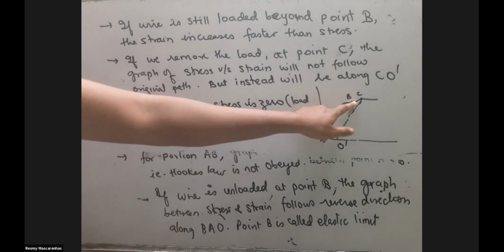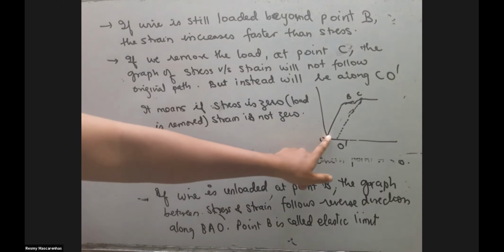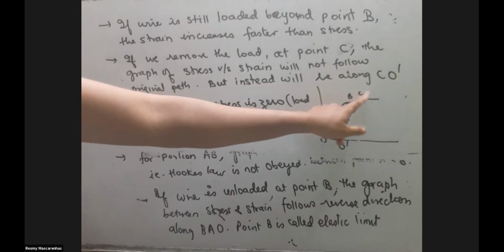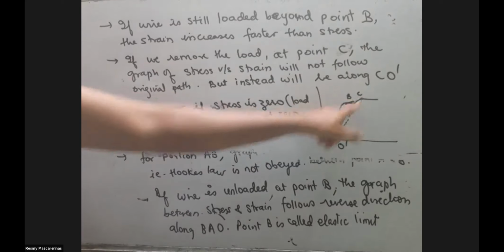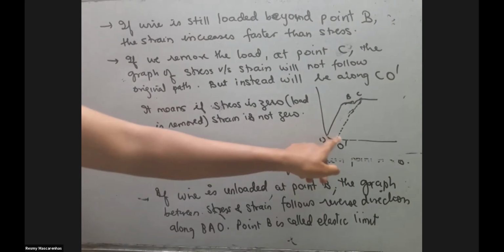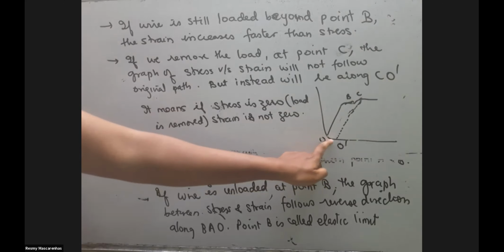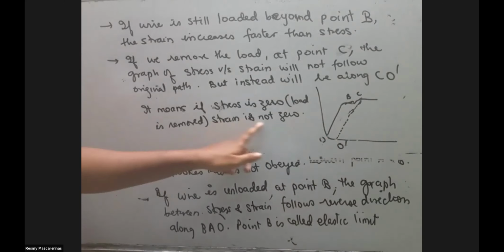From point B, if you remove the stress, strain also will come back to zero. But here, if you remove the stress, means remove the load, it is still not coming to zero. Some strain will still be there, from O to O dash. Strain is not zero.